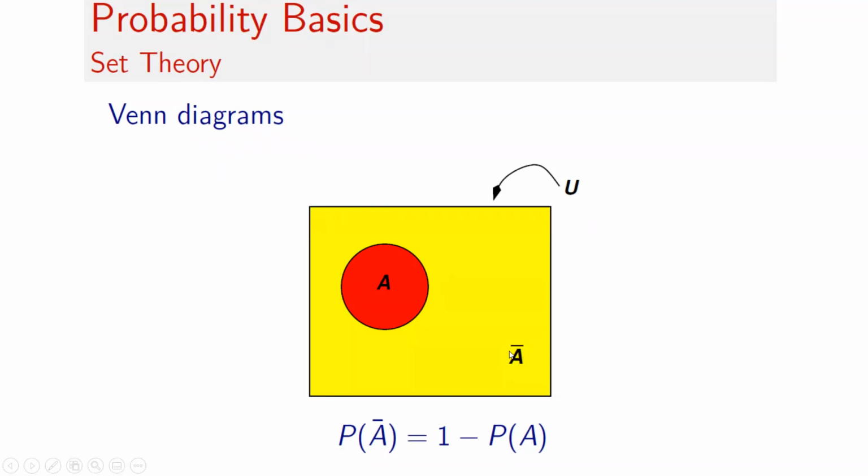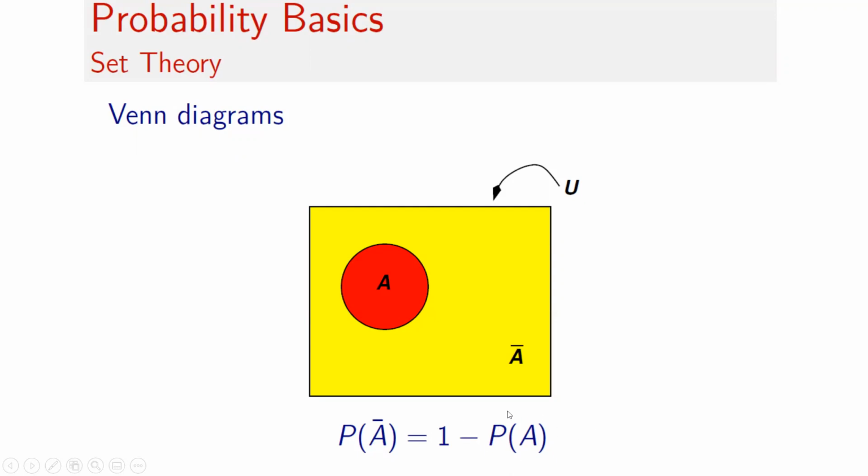Okay. Then, according to the last axiom of probability, capital P of capital A bar is equal to 1 minus P of capital A, okay?